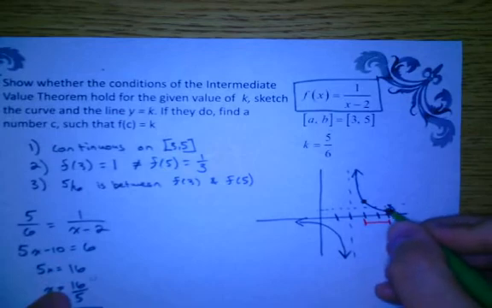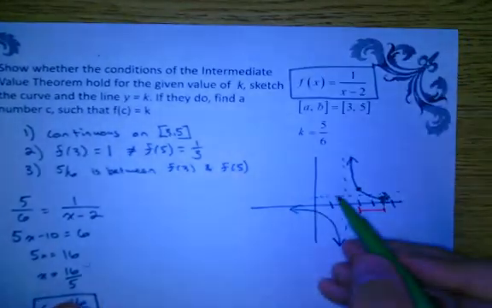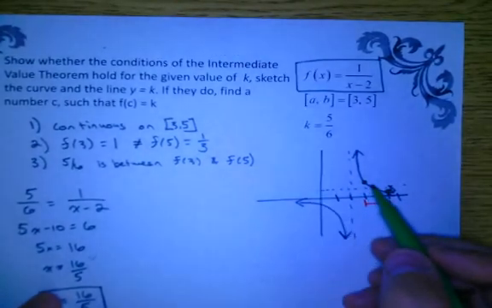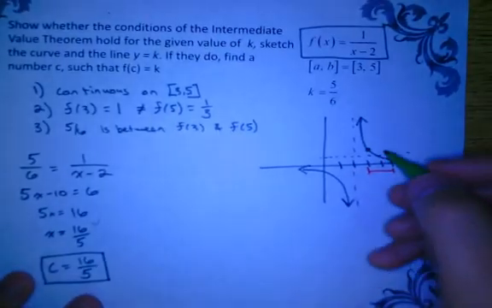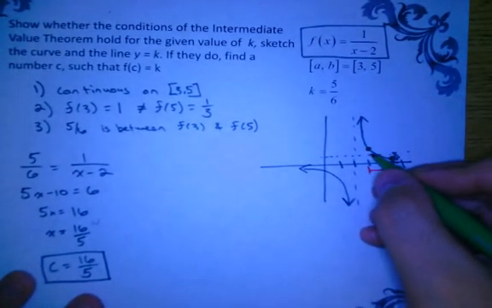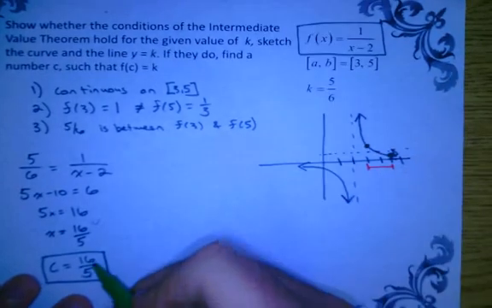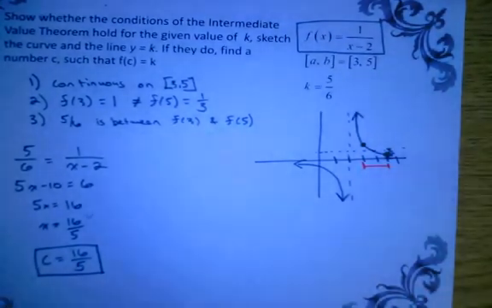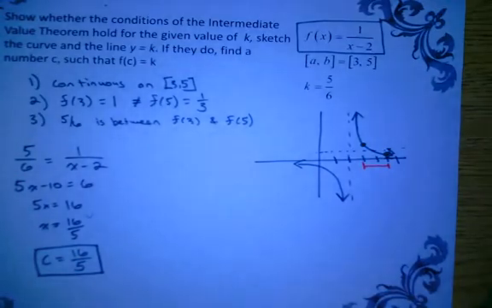So it's between the endpoints, and the endpoints are not equal because there's an endpoint, there's an endpoint. So 5/6 is in between that right there. Where does it touch? Again, it's just a sketch. It equals 5/6 at this point c, which I'm saying is 16/5. It's not to scale on my picture, but this will work out here. And that concludes the IVT.